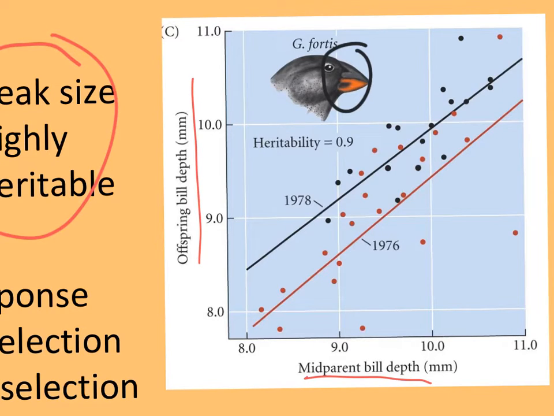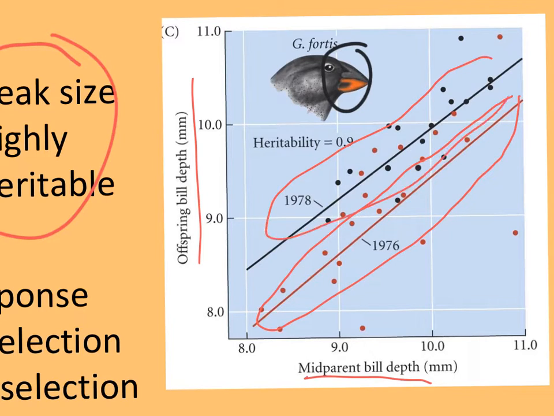And so you can see that it's very heritable in terms of if you have a small bill, you're likely to have an individual offspring with a small bill. Now, this is what happened in 1976. You had smaller bill depth initially, and then at the end of the drought, you had much larger bills left over.